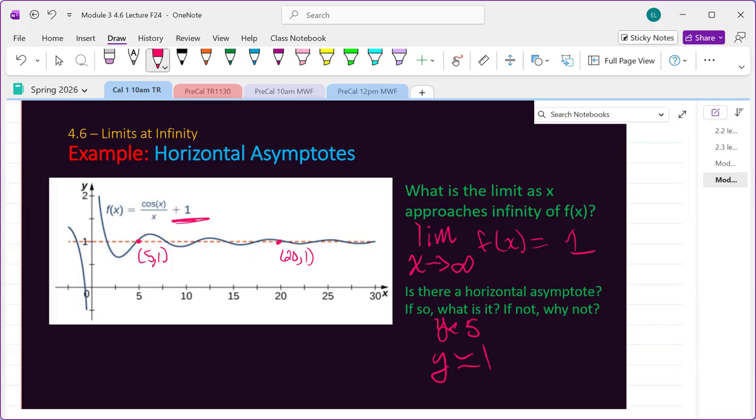The other way, like kind of a cheap trick way to remember it, is the horizontal line crosses through the y-axis at y equals 1. So there's our equation. It's a y equals 1 number. If it was a vertical line, it's crossing through the x-axis, so it's hitting an x equals number. But for our limits at infinity, everything's going to be horizontal asymptotes here. So we're going to see a whole bunch of y equals lines.